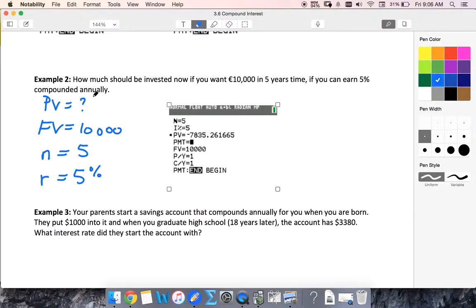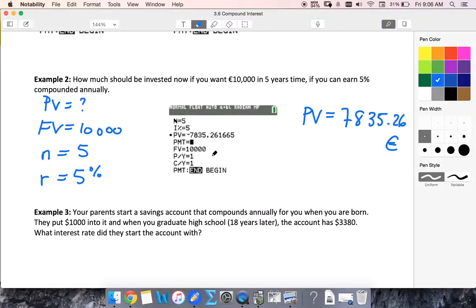So for the work that you have to show, this is the work. We don't even need to go back and fill in the formula. We can show this work and then say that PV, now I have to make it a positive number. It's how much money I'm going to put in, 7835.26 euro.